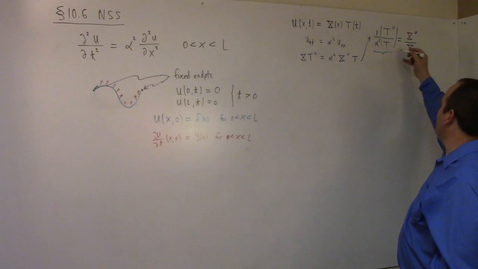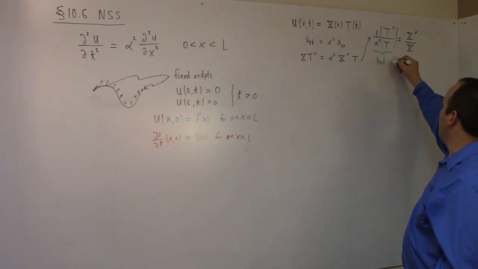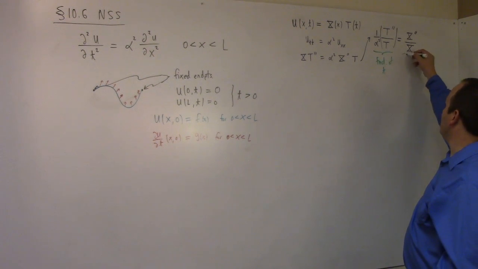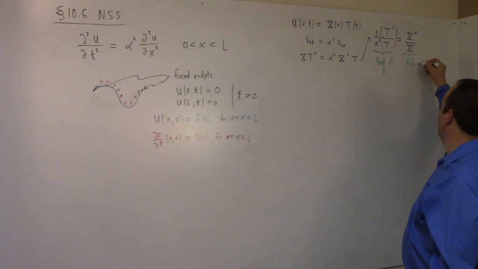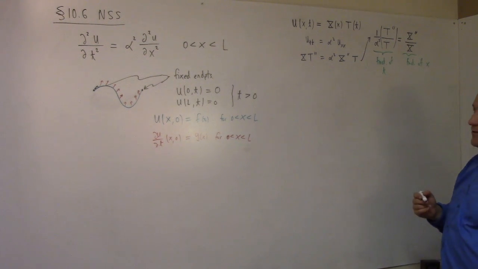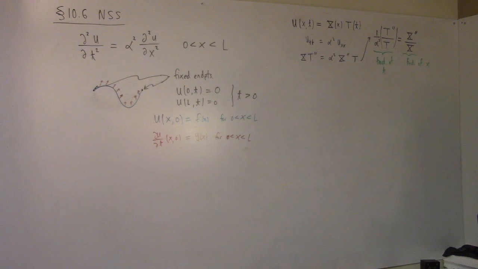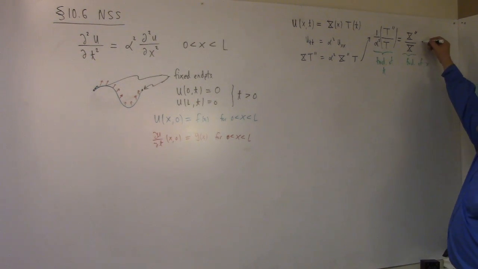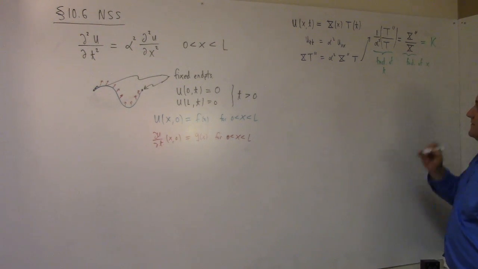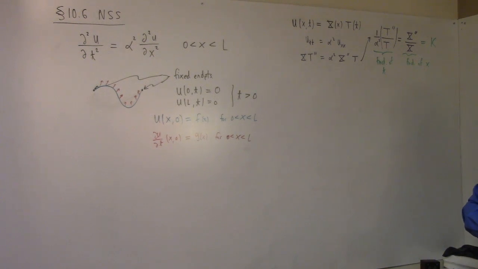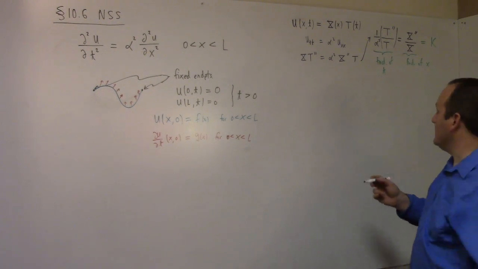It's here. So this is a function of t. This is a function of x. So this has to be equal to some constant, let's say k. So what do you know? We find ourselves faced with second order constant coefficient ODEs again.